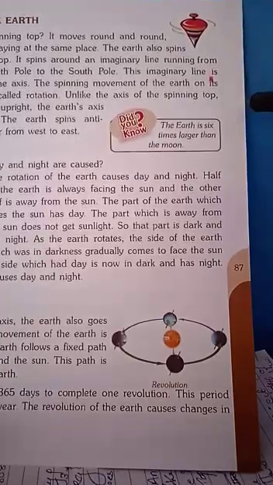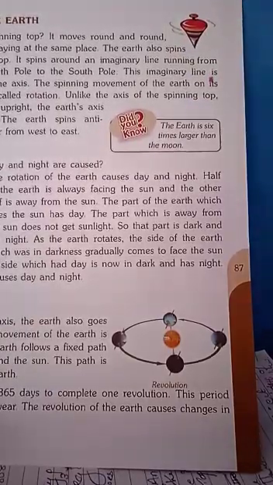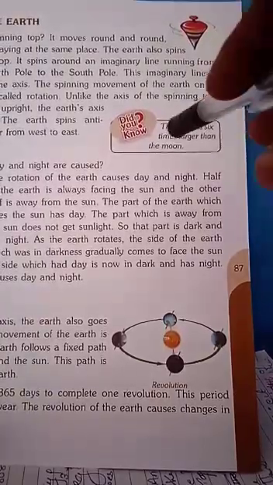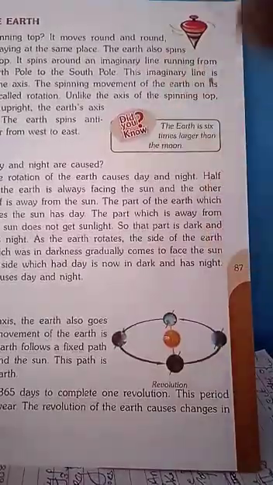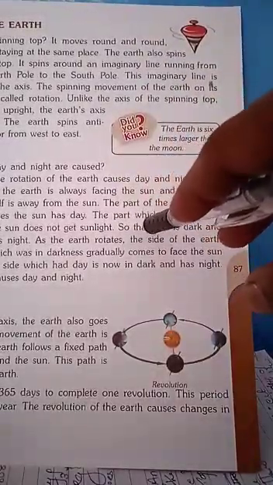Unlike an upright axis, the earth's axis is tilted, and it spins in a clockwise direction, that is west to east. Not only that, it causes day and night.